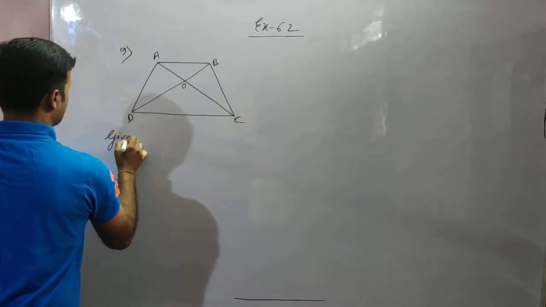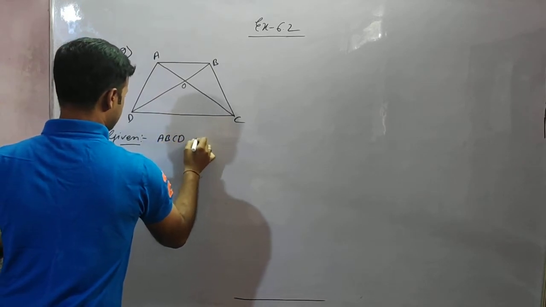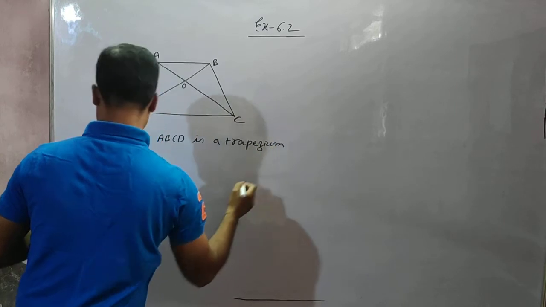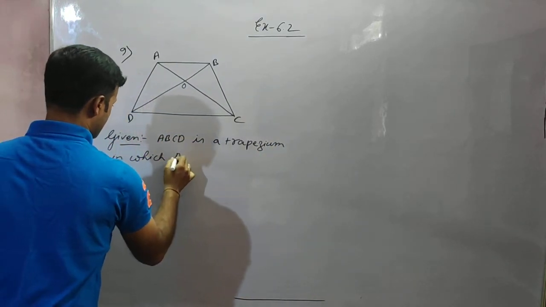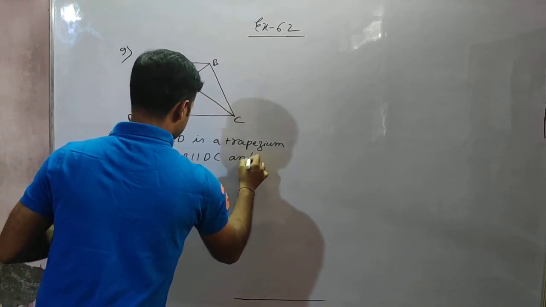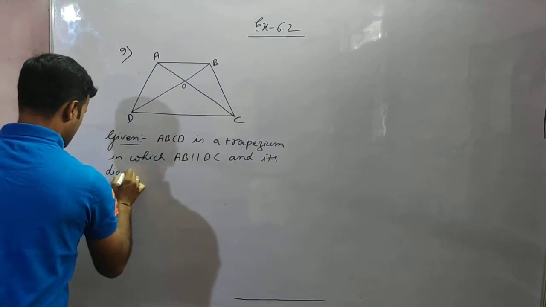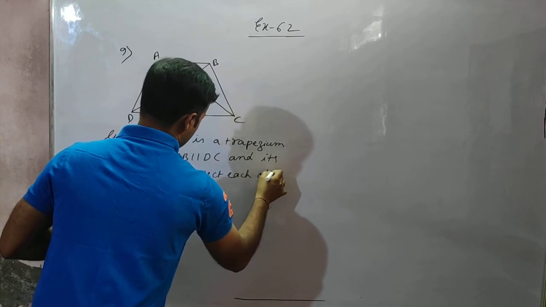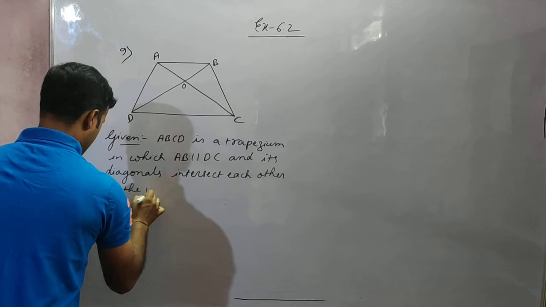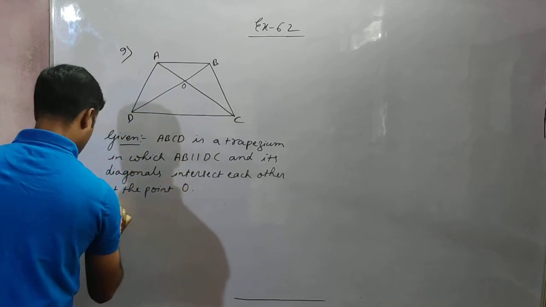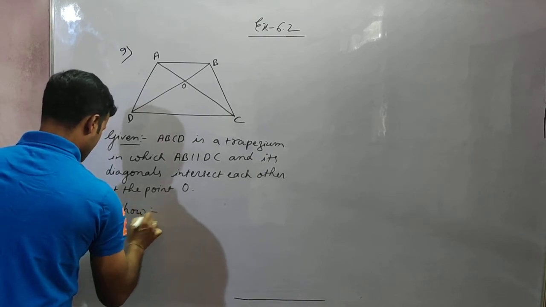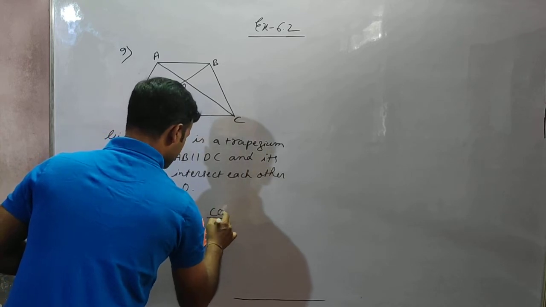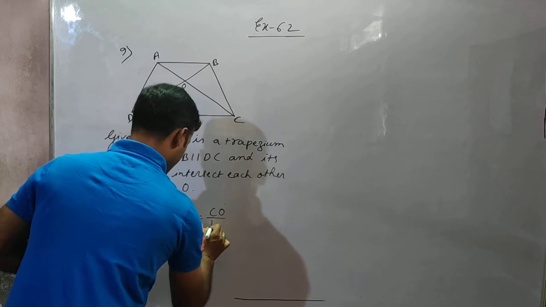So given: ABCD is a trapezium in which AB is parallel to DC and its diagonals intersect each other at the point O. So to show, students, AO by BO is equal to CO by DO.